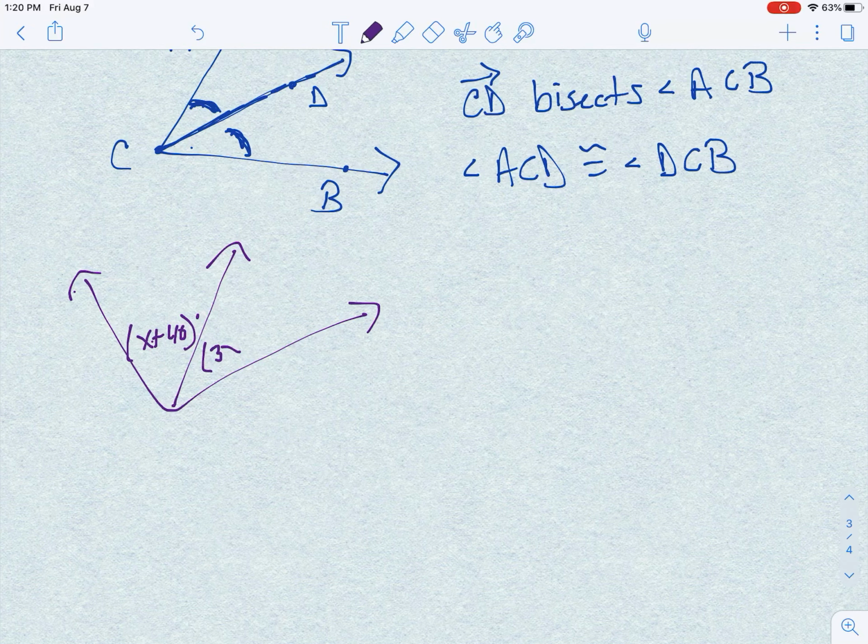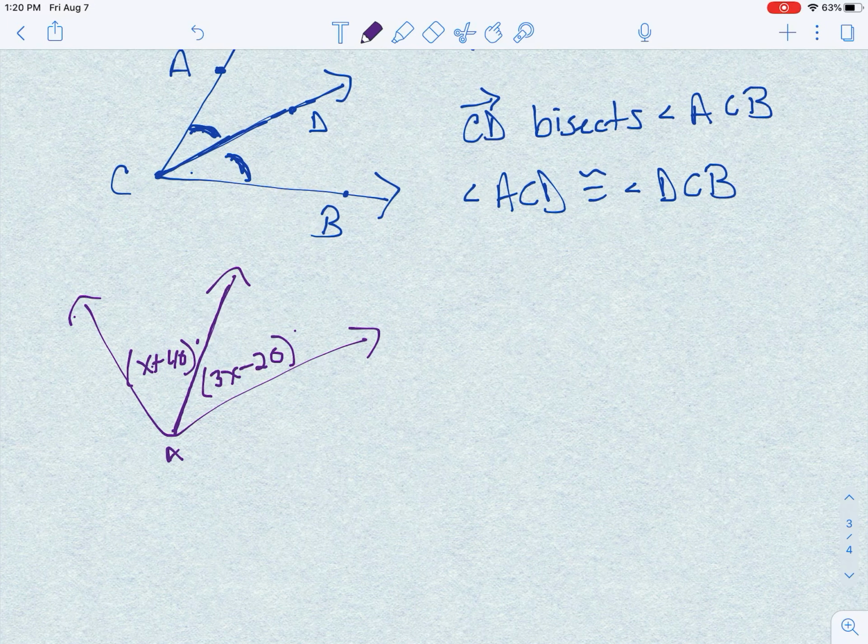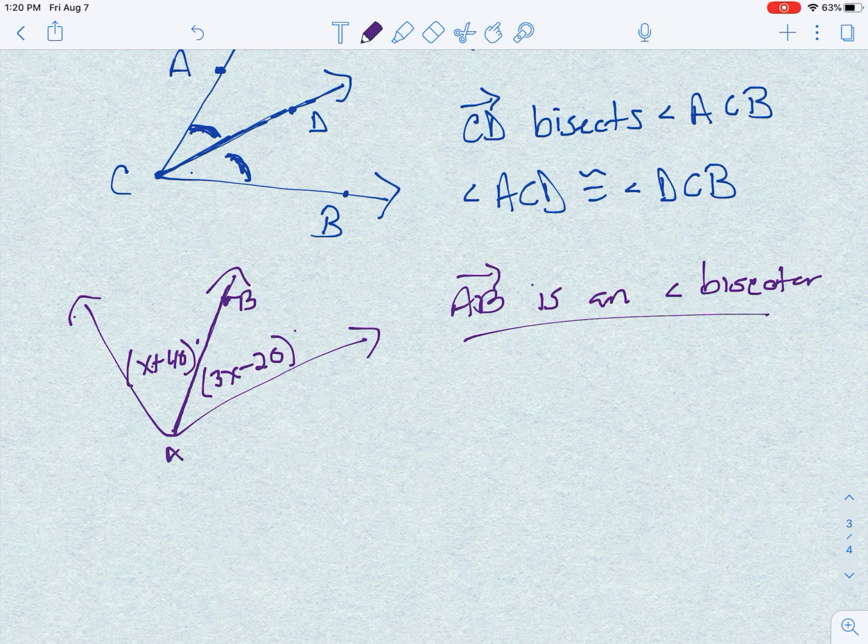And down here is (3x - 20). I'm telling you that this right here is a bisector. Remember, we can't assume that. So we'll call that AB, and AB is an angle bisector. That's important to know.